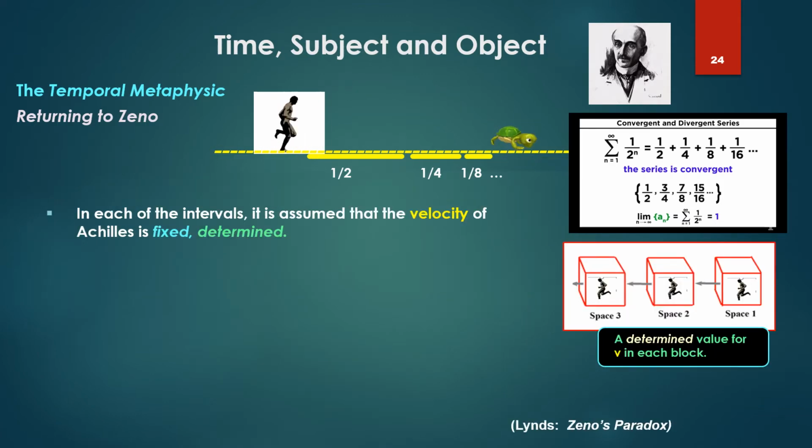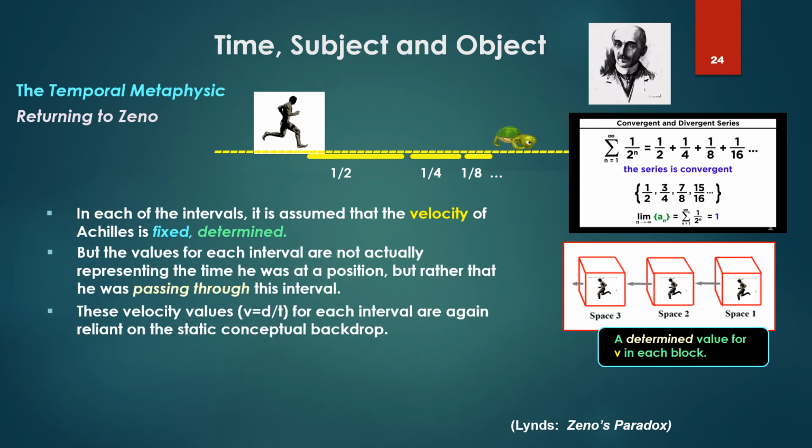In each of the intervals, it is assumed that the velocity of Achilles is fixed, determined. So on the right there, we have a determined value for velocity in each block. But the values for each interval are not actually representing the time he was at a position, but rather that he was passing through this interval. So these velocity values, v equals distance over time, for each interval are again reliant on the static conceptual backdrop.